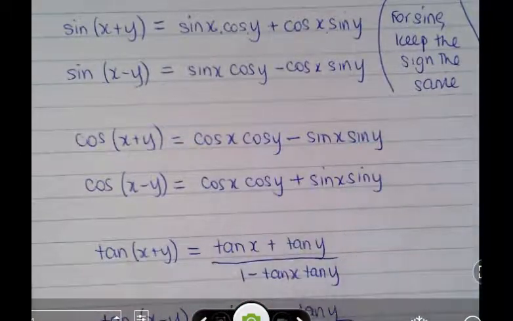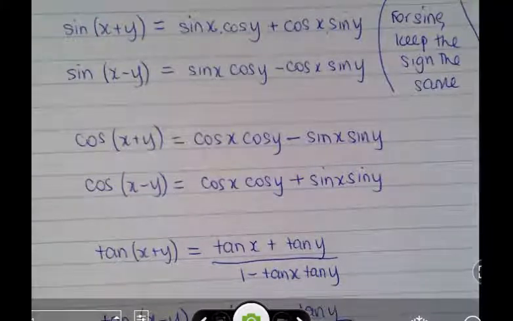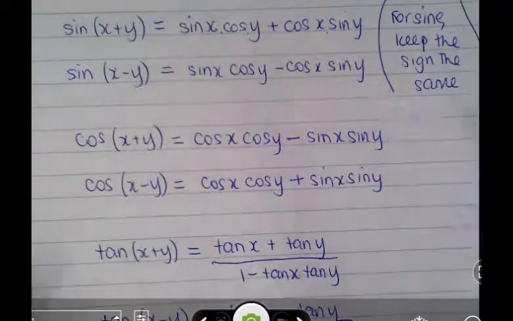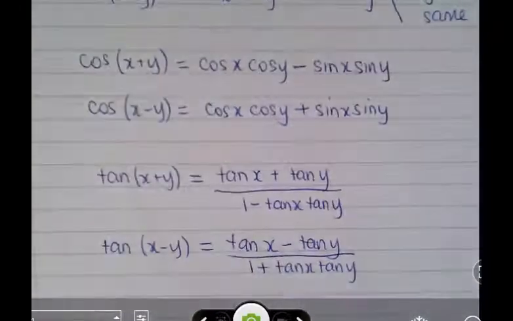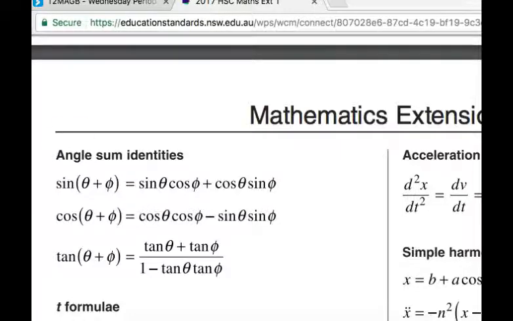You will remember these later once we learn the double angle results, which will be in another lesson or two. Once you learn the double angle results, these are easier to learn. The formula sheet shows sums and differences of angles, but they only show you the sum ones.